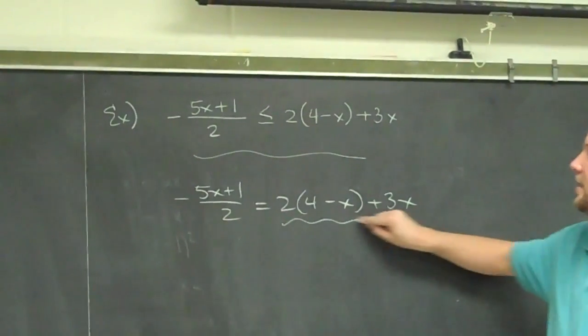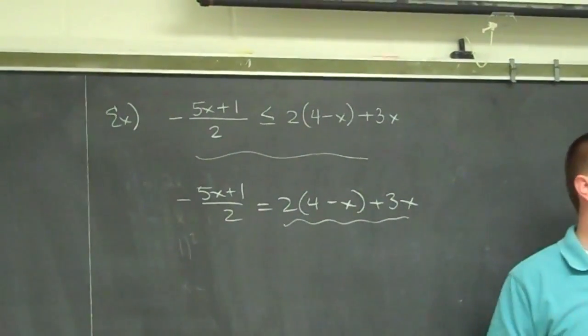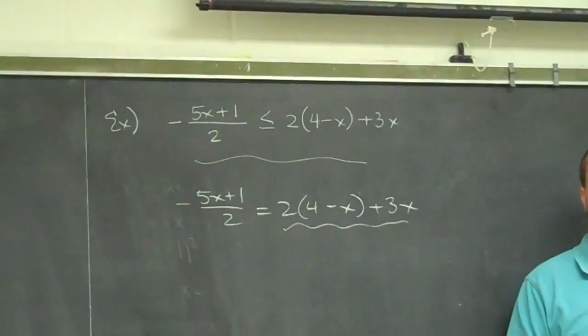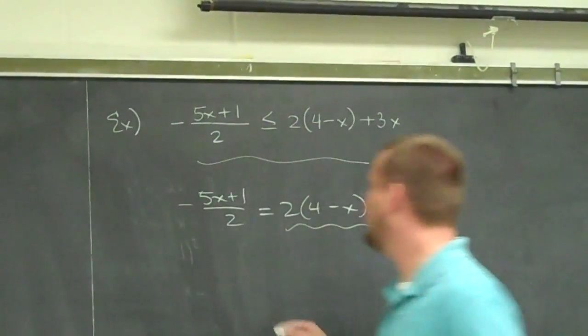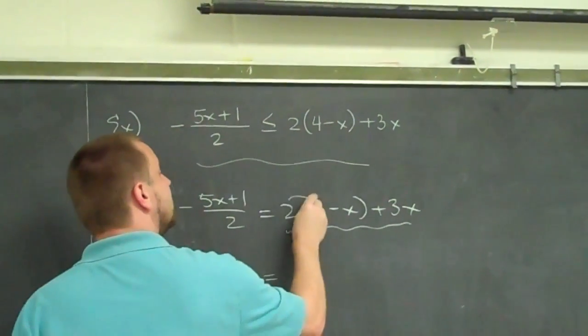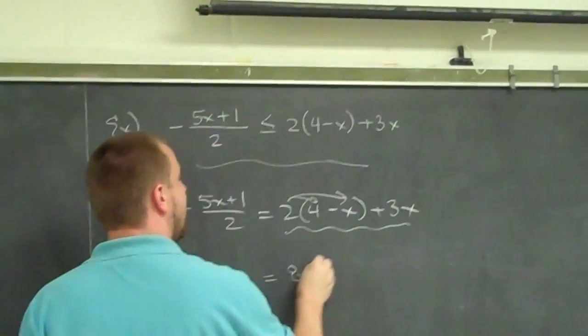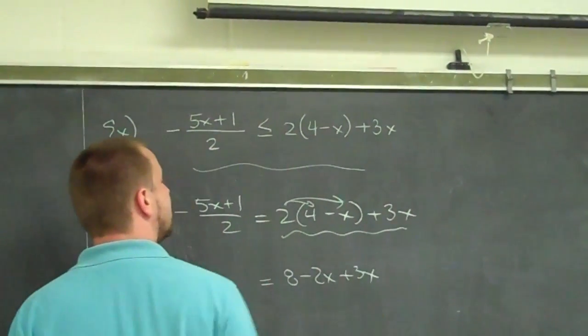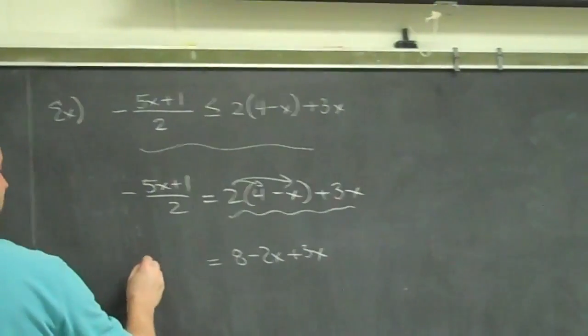Like over here, this has some pretty straightforward simplifying that I can do, some distributing and some combining like terms, right? So let's clean up the right-hand side. So that's 8 minus 2x plus 3x equals, all that over there.